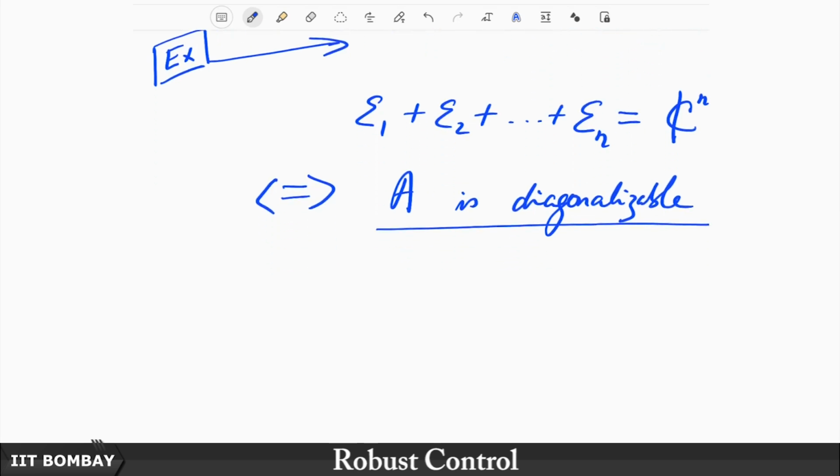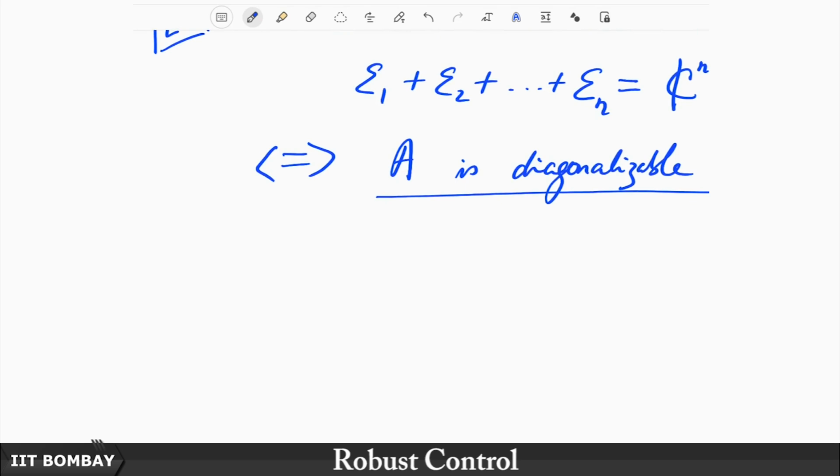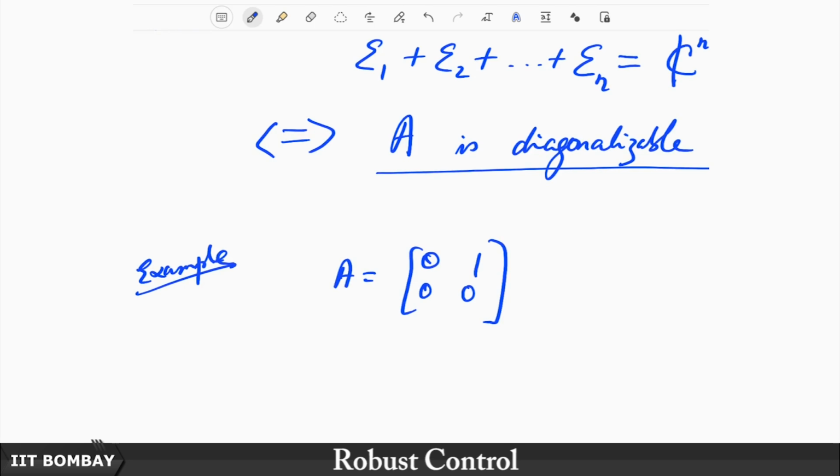So just to show you a quick example of a matrix that is indeed not diagonalizable, let me pick this particular choice: 0 1 0 0. You consider this matrix and you will immediately see that the eigenvalues are 0 and 0, right. So there is an eigenvalue at the origin which is repeated twice.